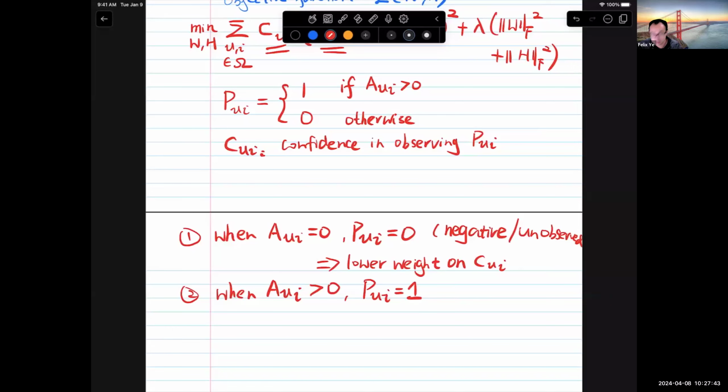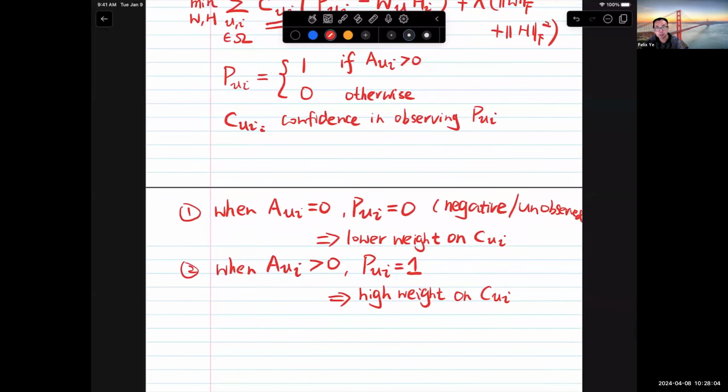That is always positive. But in this case, we should have a higher weight because we know they have some interactions. Right. So, for example, they have watched that movie maybe halfway or longer, so I have a higher confidence to say it is relatively positive.